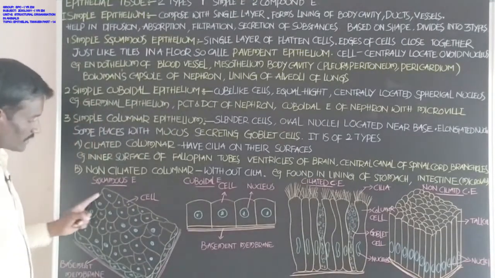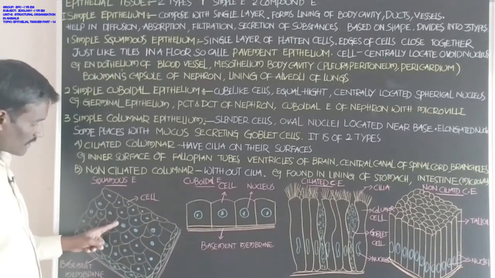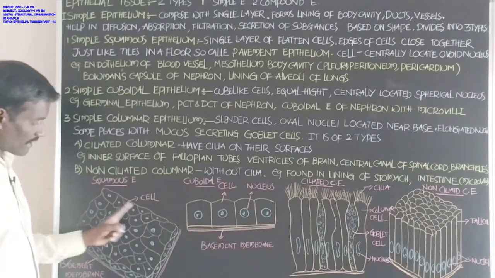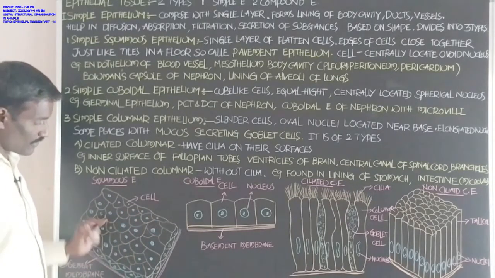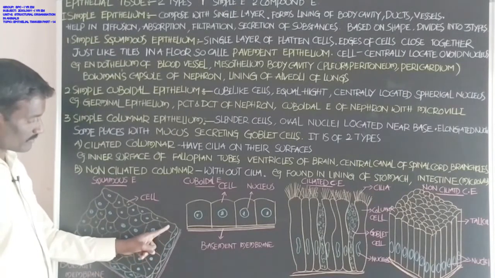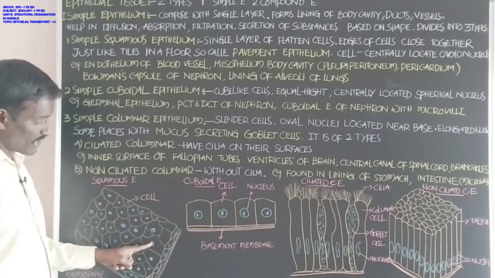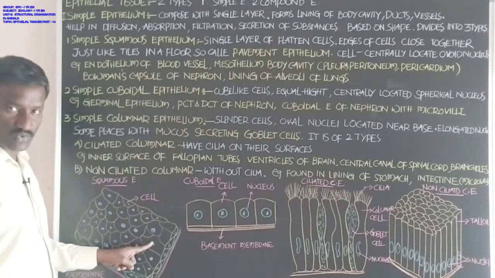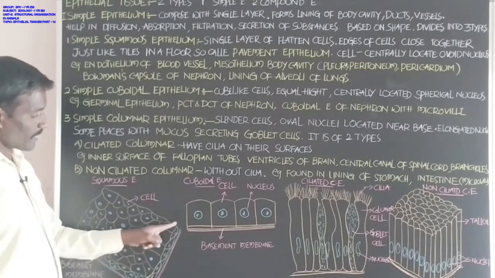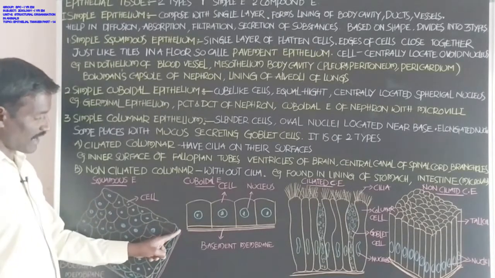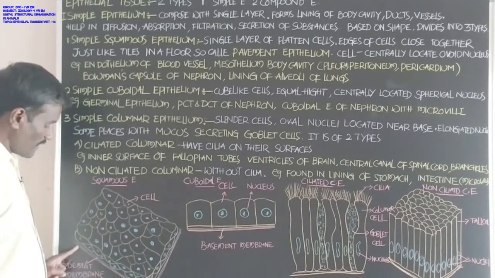Next, students, the diagrammatic part. These cells are closely attached to each other and appear tile-like, as on a floor. It is a single layer of cells showing a centrally located oval-shaped nucleus. This simple squamous epithelium lies on the surface of the basement membrane.